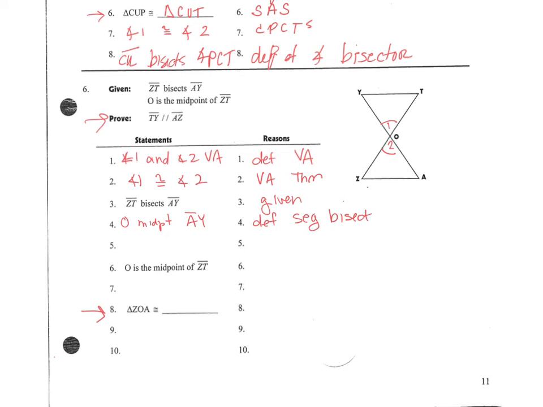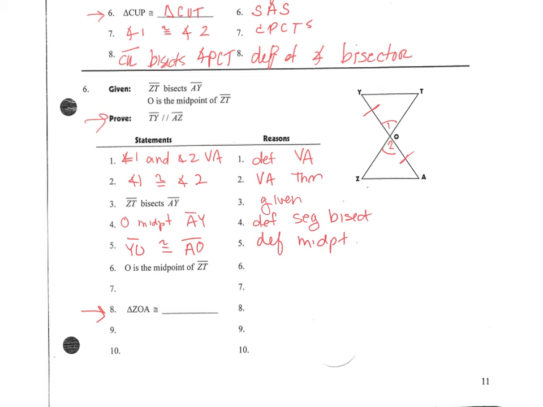Once we are given that a segment bisects another, we immediately name the midpoint. And then from that we are able to say that we have segment YO congruent to segment AO, and that is our definition of a midpoint. And that is going to give us this to this. So we have an angle and we have a side at this point.